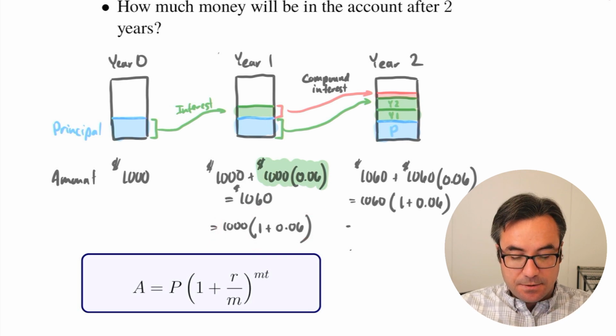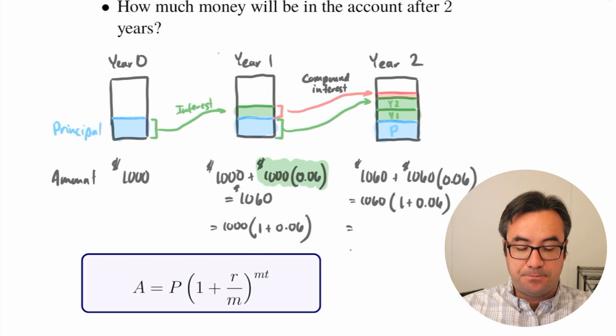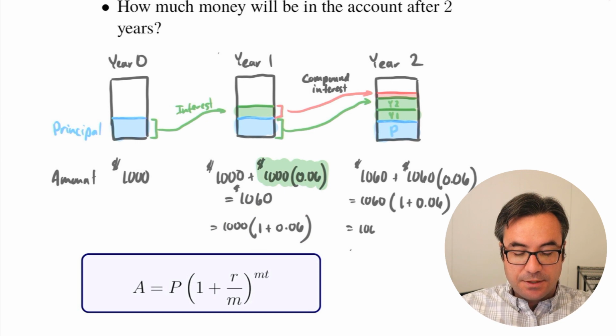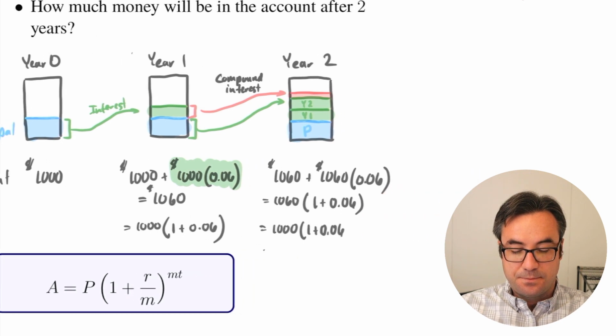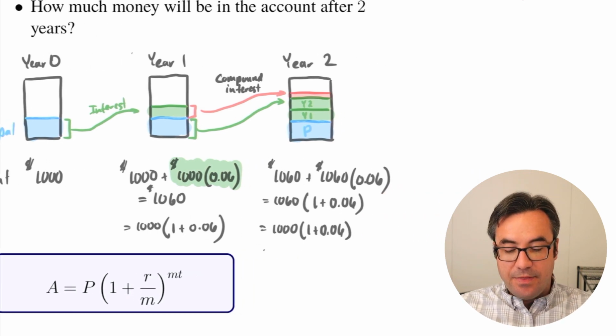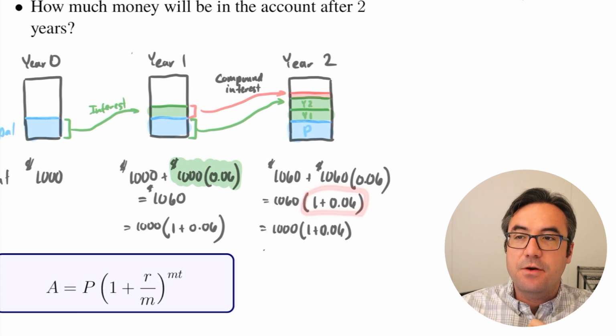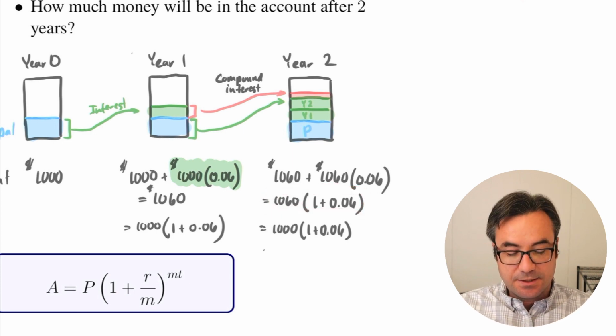So let's look at that. We're going to have 1,000 times 1 plus 0.06, and that's just the 1,060. But then we have another factor of 1 plus 0.06 that we multiplied by.